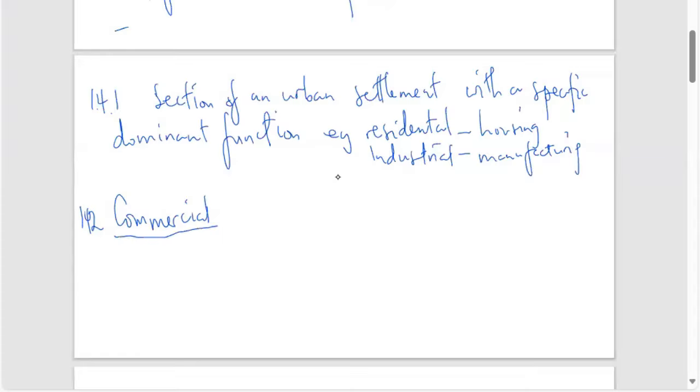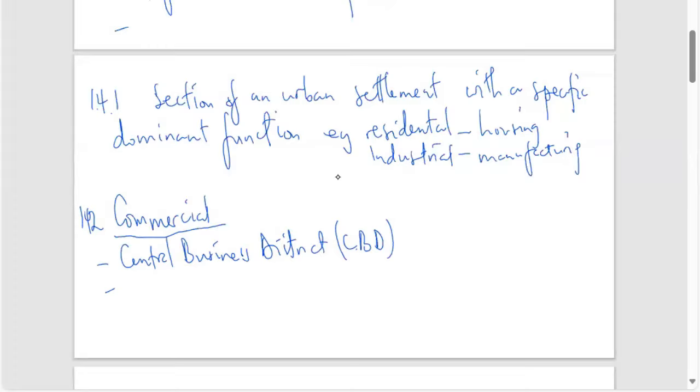So the main land use zone with commercial functions is the central business district, or in short, the CBD. That is the one that accommodates most of the commercial activities.